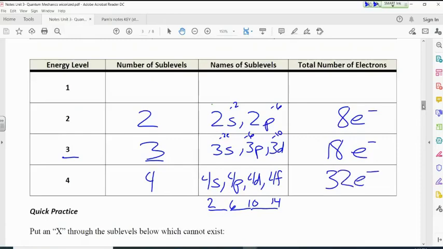Now, if your element was the very last element in row 4, which is krypton, then I should be able to add up all of these that it had before. So 2 plus 8 is 10. That'd be 20, 28.